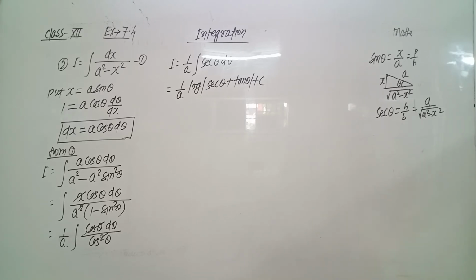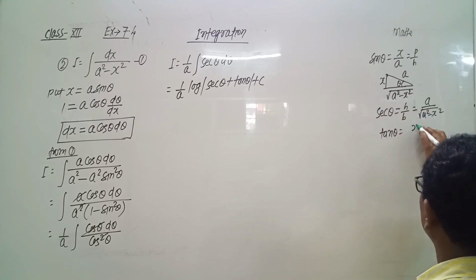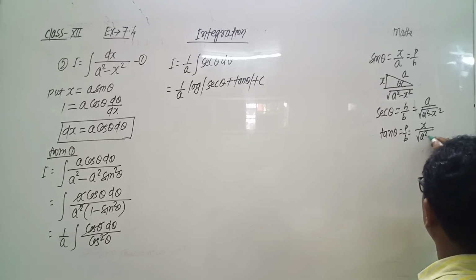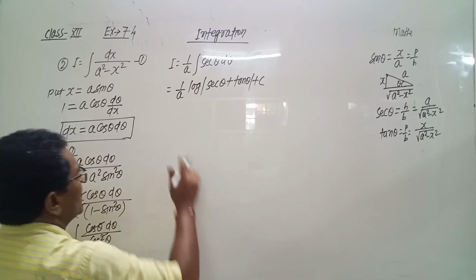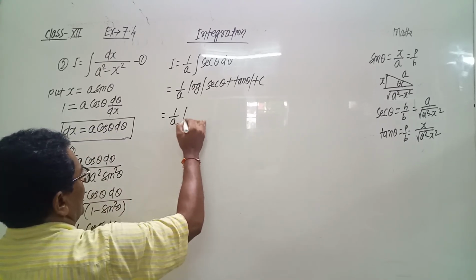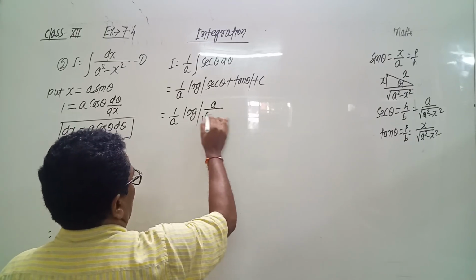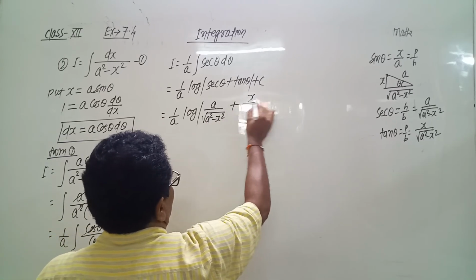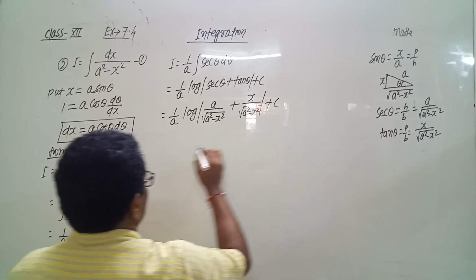Then we calculate the value of tan theta, which is perpendicular upon base, so perpendicular is x and base is root over a square minus x square. Now we put the values: 1 by a log of a upon under root of a square minus x square plus x upon under root of a square minus x square, plus c.